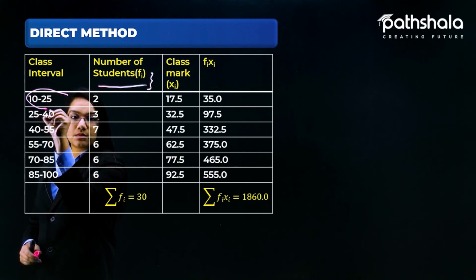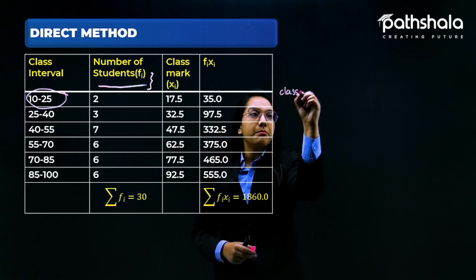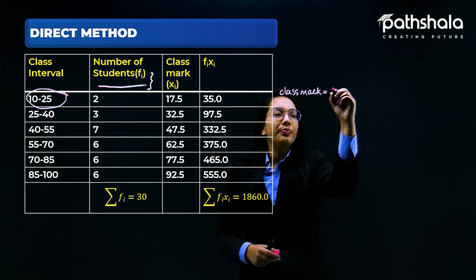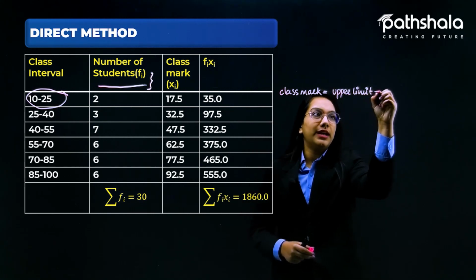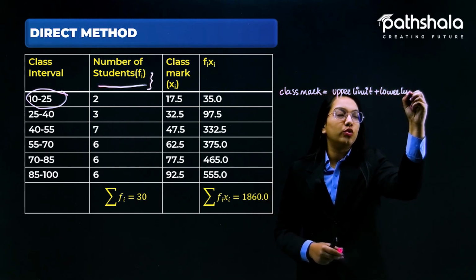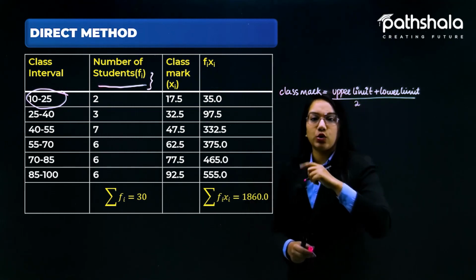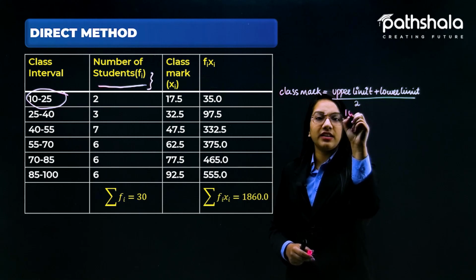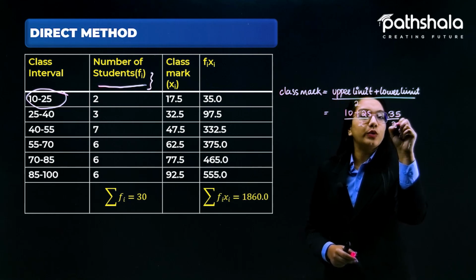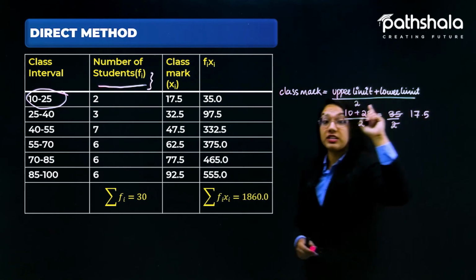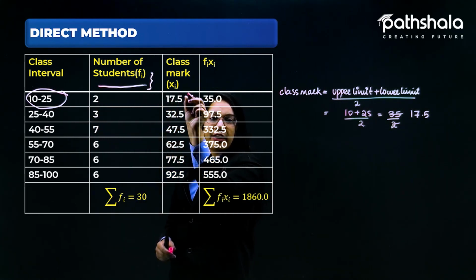The class mark is equal to the upper limit plus the lower limit divided by 2. We have the lower limit as 10, the upper limit as 25, divided by 2. So this is 35 by 2, which is 17.5. So for the class interval 10 to 25, the class mark is 17.5.